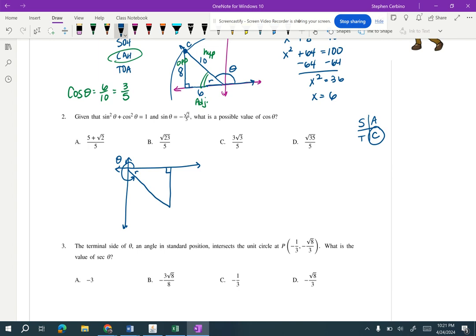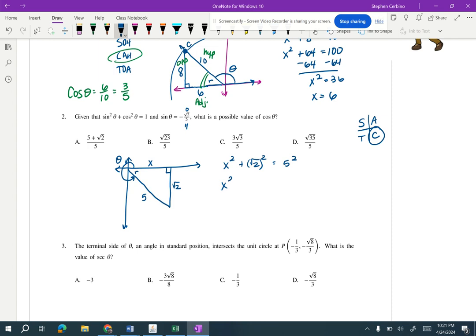Because we know the sine is opposite over hypotenuse, I know the opposite is square root of 2, and the hypotenuse is 5. So again, just like that first question, I need to find the missing side. So I'm going to say side squared plus the other side squared is equal to the hypotenuse squared.